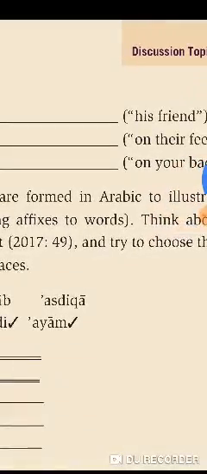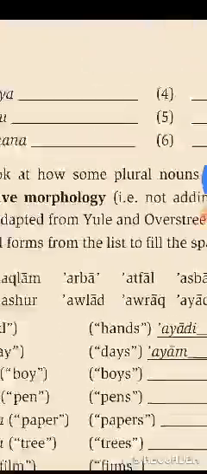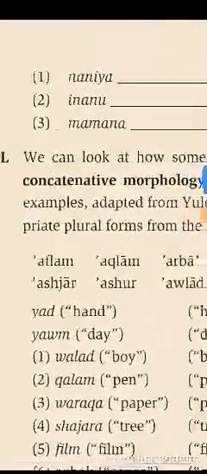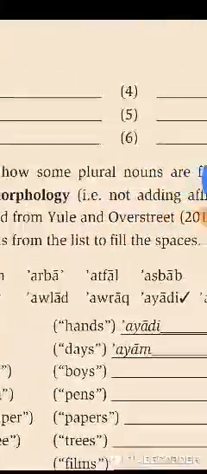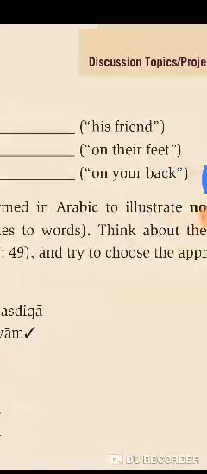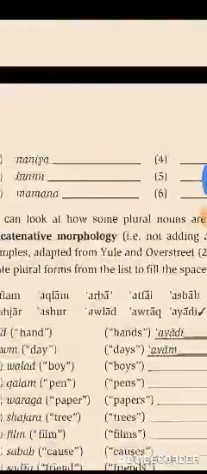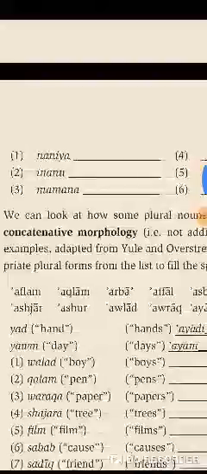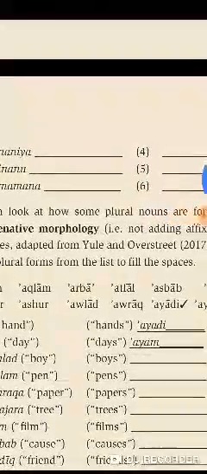Let us see. Think about these examples adopted from Yule and Overstreet 2017 and try to choose appropriate plural forms from the list to fill the space.